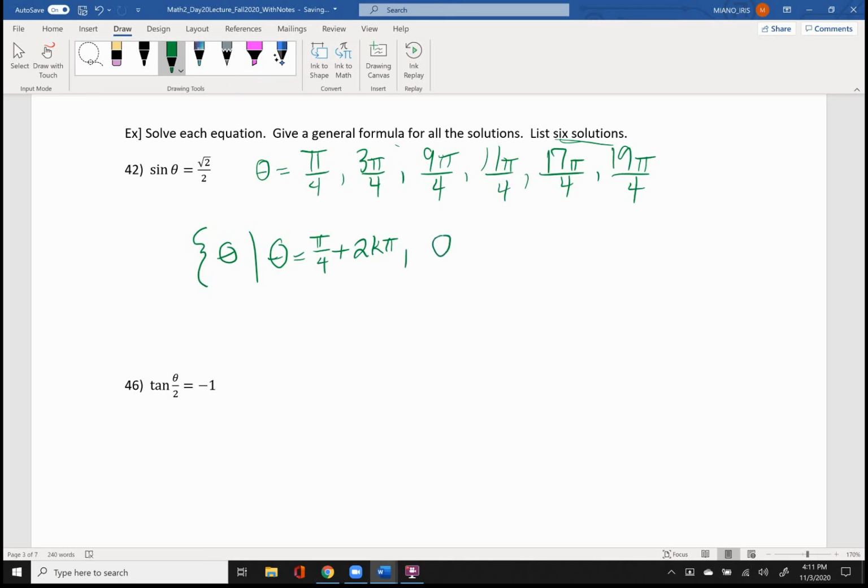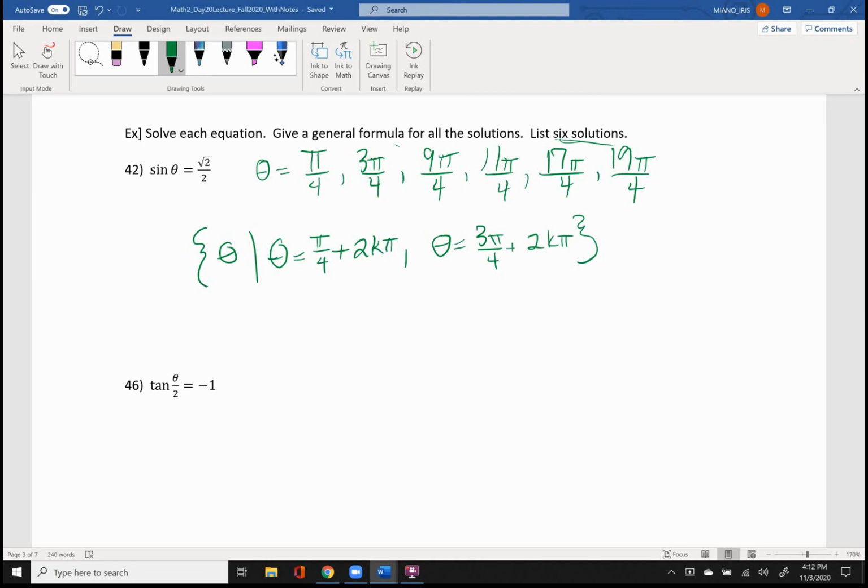And then you also need to do a separate one for this original solution. So theta can also be 3 pi over 4 plus 2k pi, where k is any integer value, positive or negative.